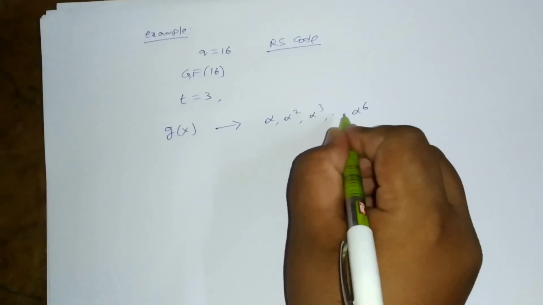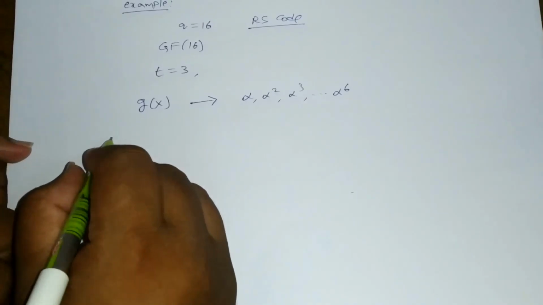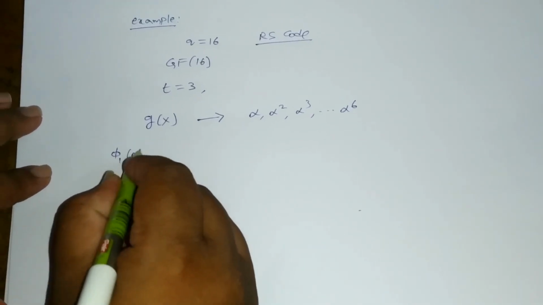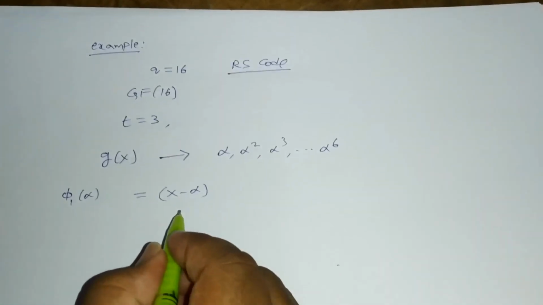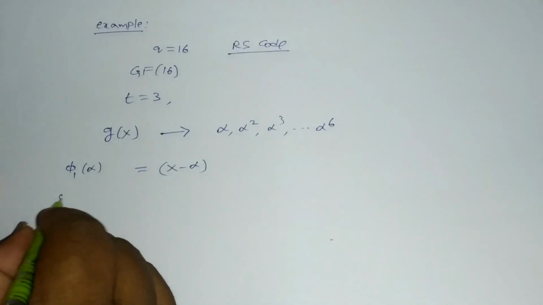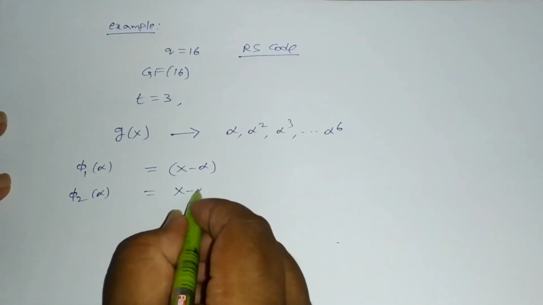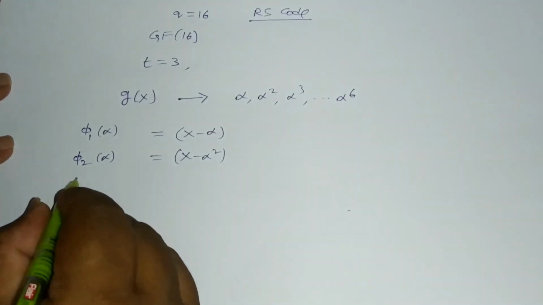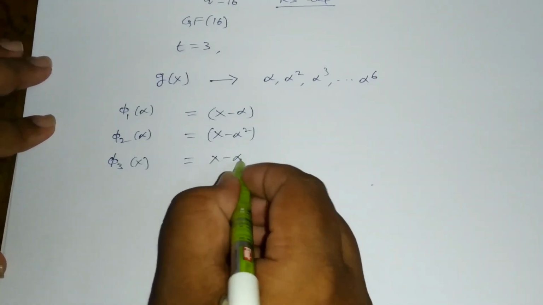Now phi 1 of x is x minus alpha or x plus alpha, phi 2 of x is x plus alpha square in the XOR operation or modulo 2, and phi 3 of x is x plus alpha cube.